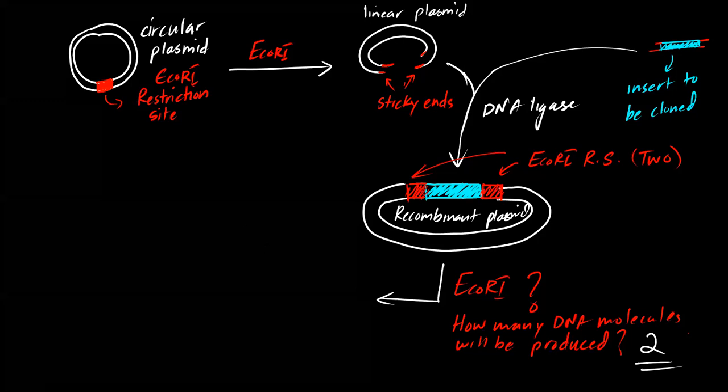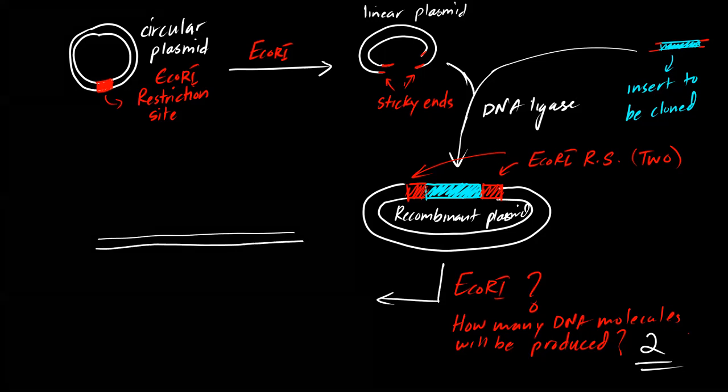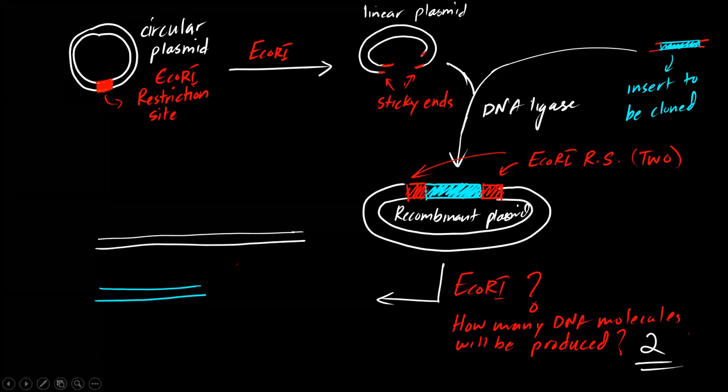What are these two? You will have the plasmid, a linear plasmid, okay? And then you will have the insert, the linear insert, okay? And both, they will have sticky ends, like this, okay?